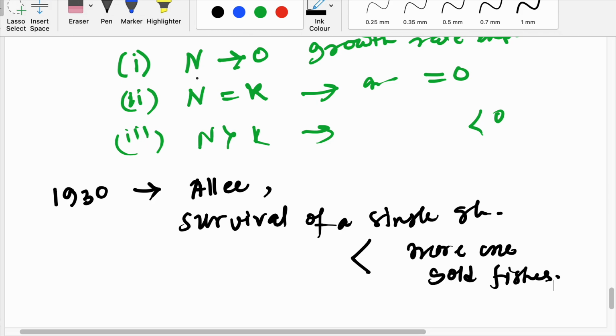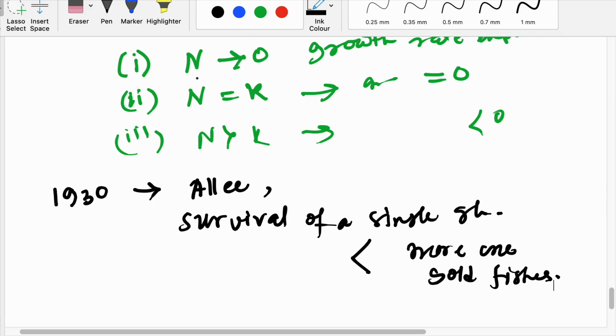Suppose, for example, an ant colony. In an ant colony, all the worker ants do the work for the colony and its survival, such as foraging, brood caring, and fighting for their nest. These things are done by the workers of the ant colony.